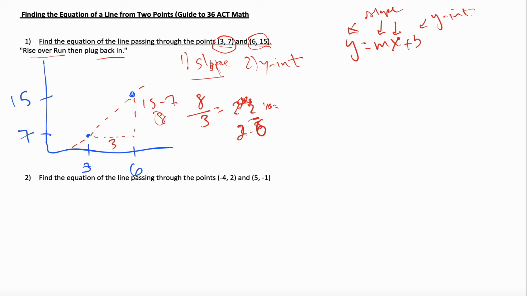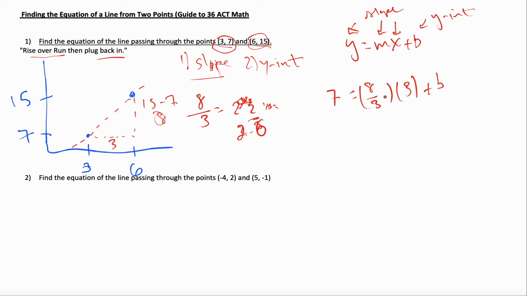We can plug our known value of x, our known value of y, and our new known value of slope into this equation and find b, which is our y-intercept. So I have here that 7 equals our slope of 8 over 3 times our x value, which is 3, using these coordinates here, plus b.